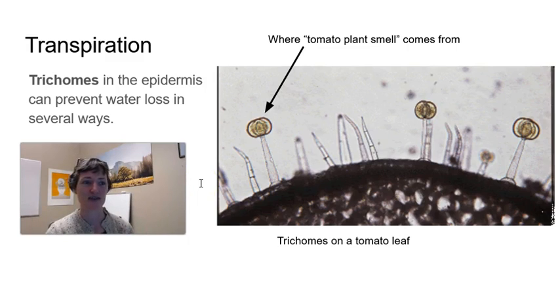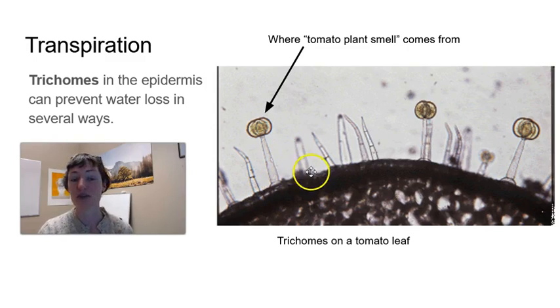If you think of plants that grow in desert, dry environments, often they will be covered in these sort of shimmery white hairs. So trichomes are these hairs on the external surface of a plant, and they are a way to prevent water loss, and it can happen in several ways. So trichomes have a lot of functions. Here we see some trichomes that might not necessarily have just one function.